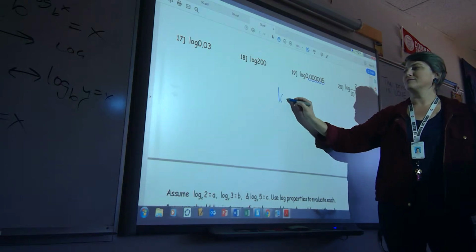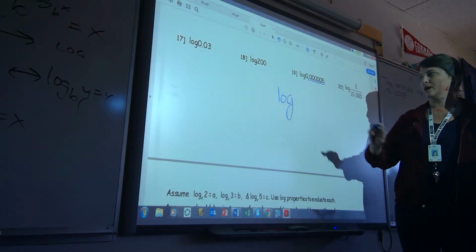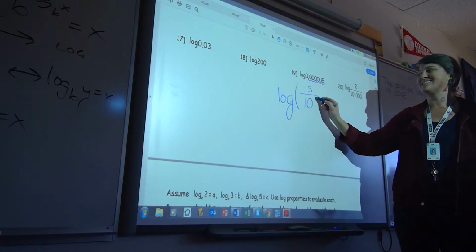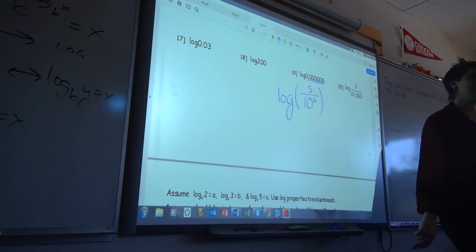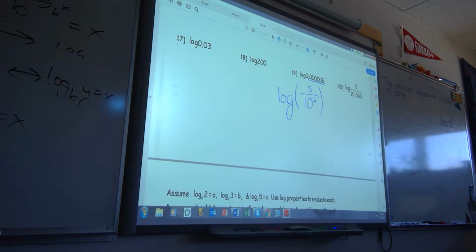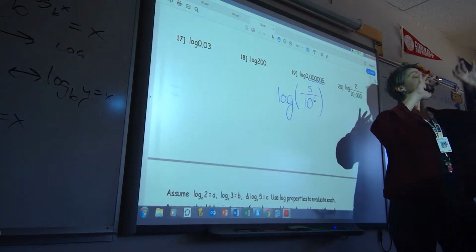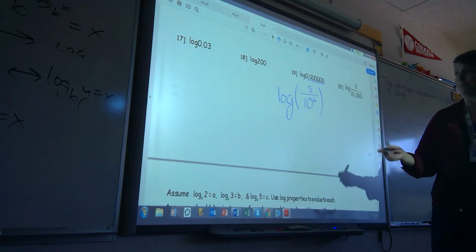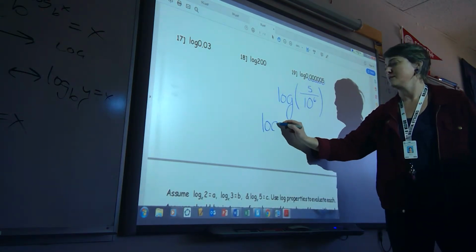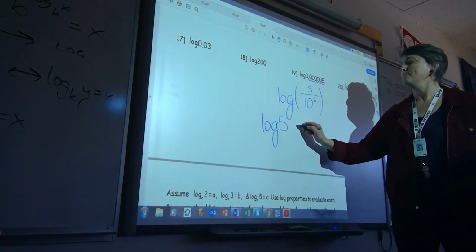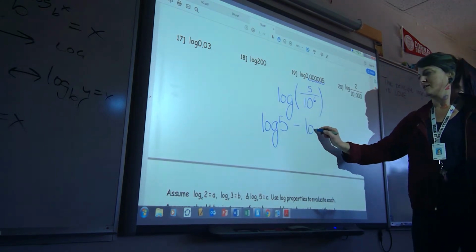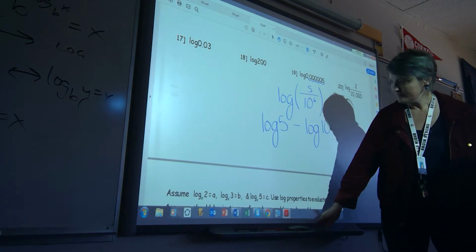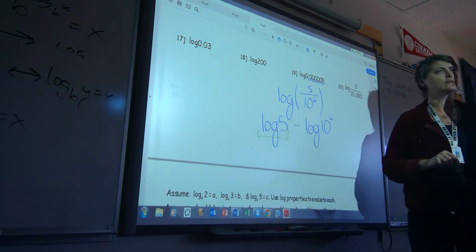So if I was going to rewrite this, this would be log of 5 divided by 10 to the 6th. And so now I can give the 5 its own log, give the 10 to the 6th its own log, and I'll be able to evaluate this. So this will end up being log 5 minus log 10 to the 6th. All right, this was one of my building blocks.